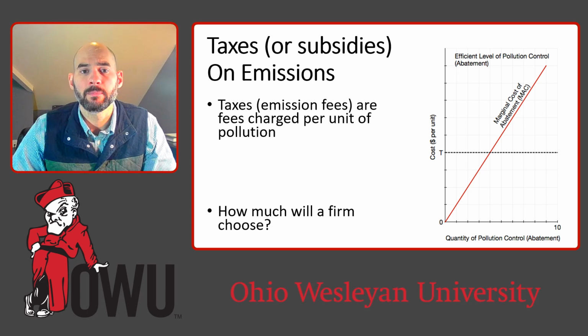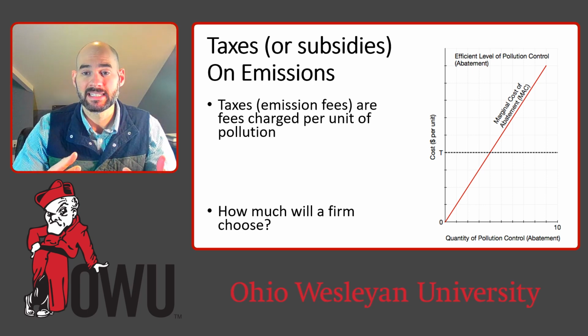Now, when we place a tax directly on emissions instead of on the product, then the firm can have a choice about how much it chooses to emit and how much it chooses to abate, how much of its pollution it chooses to reduce, and between how much it's going to pay in taxes while continuing to pollute.